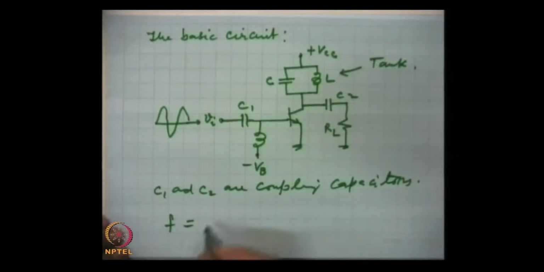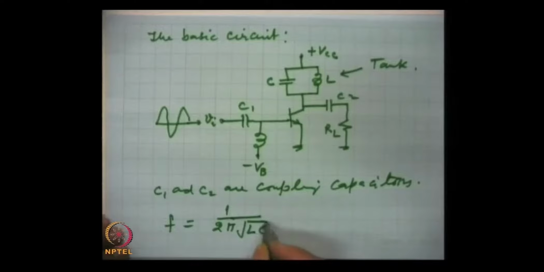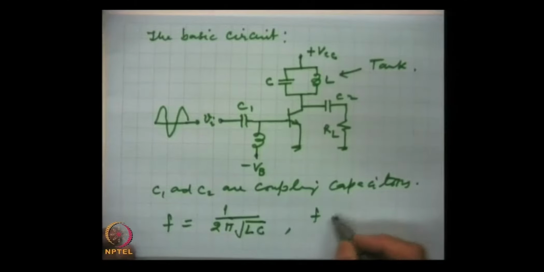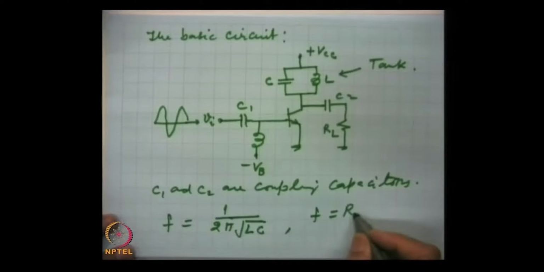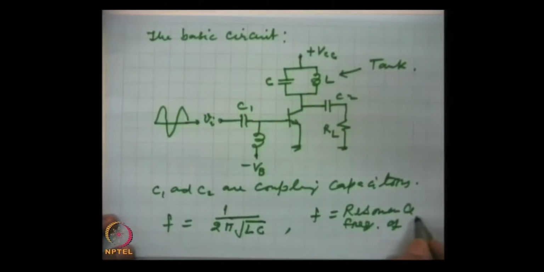This is the resonance frequency 1 by 2 pi root L C. Here this is the resonance frequency of this tank circuit, and this is the same as f, the signal frequency.